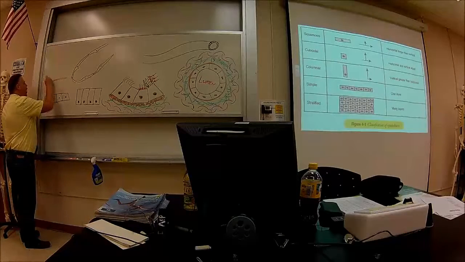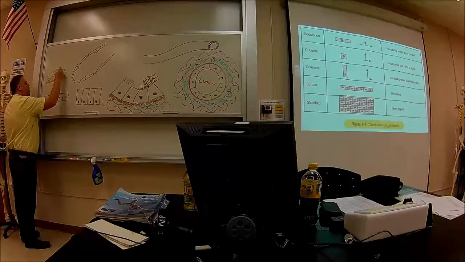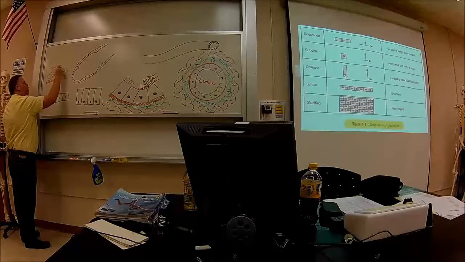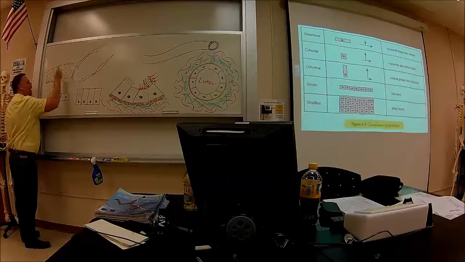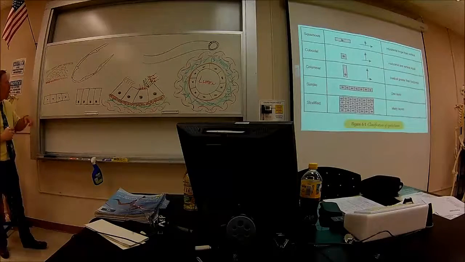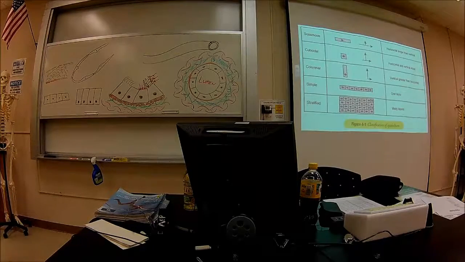we have many cells that are going to be all around here, different sizes and shapes. Difficult to say what it is. It could be squamous, it could be cuboidal, it could be columnar. But how you're going to name it, we know that there's a lot of layers there, so we know it's stratified.